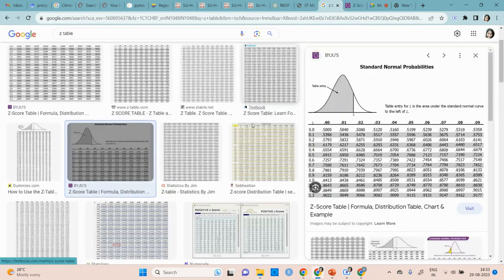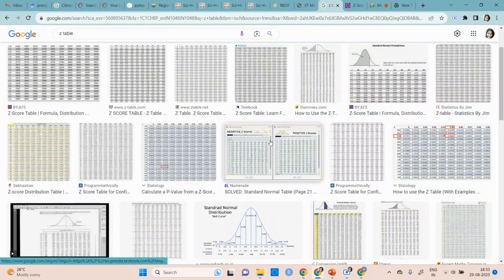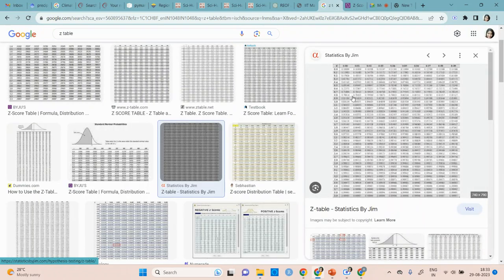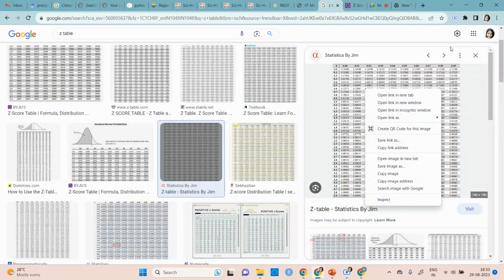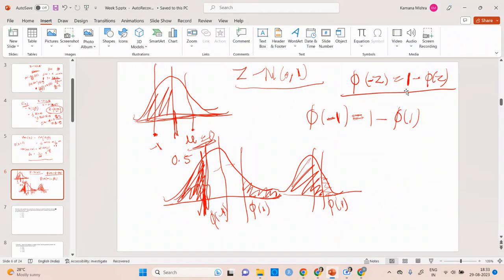It may also happen that the table starts from 0, so then you need to add. When we do the questions, I hope you will understand what I'm saying and how it makes sense.